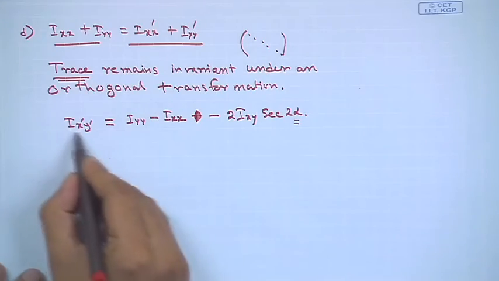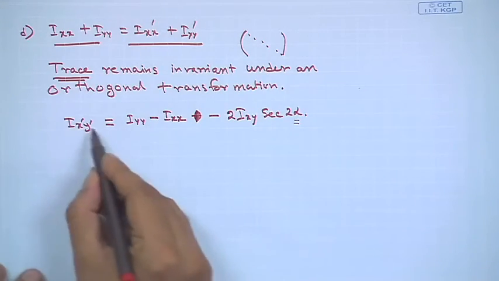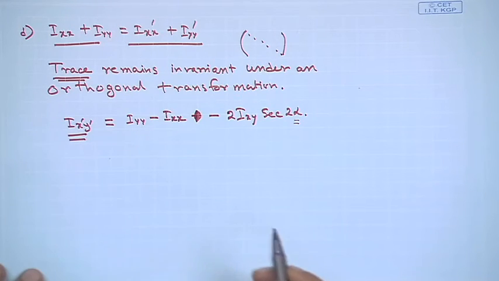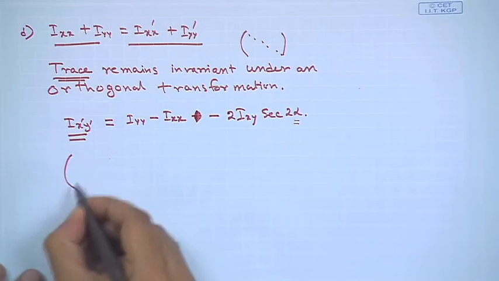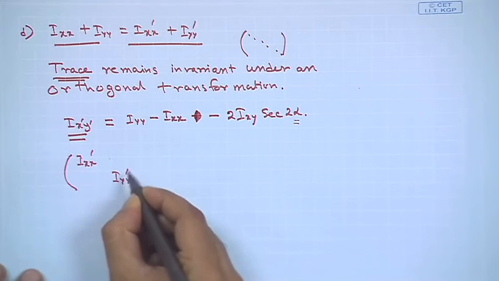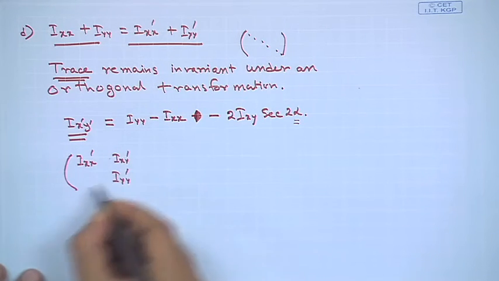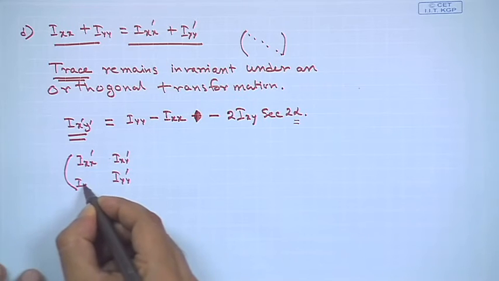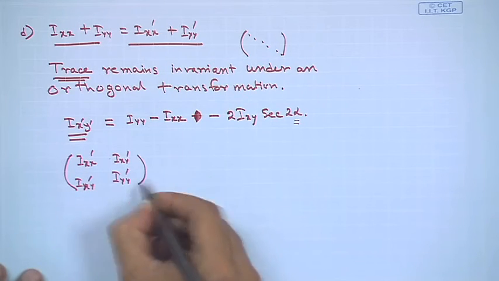Now, what happens in diagonal? In diagonal, the cross terms, if you look at it carefully, will vanish, because after transformation the matrix is I xx prime, I yy prime, I xy prime, I xy prime, right.